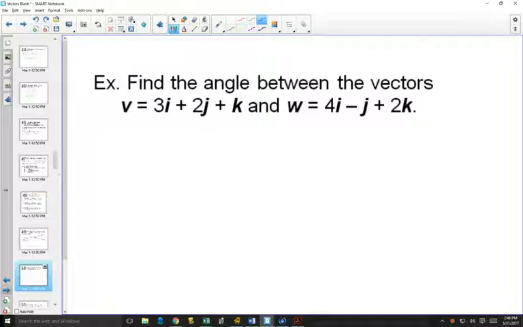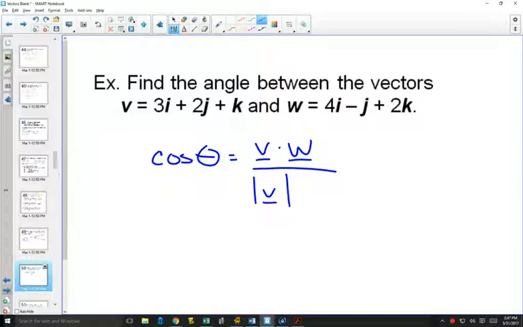So here we have three-dimensional vectors, and we want to find the angle between them. So we have our new formula. How hard is it to calculate the dot product? That's not hard.